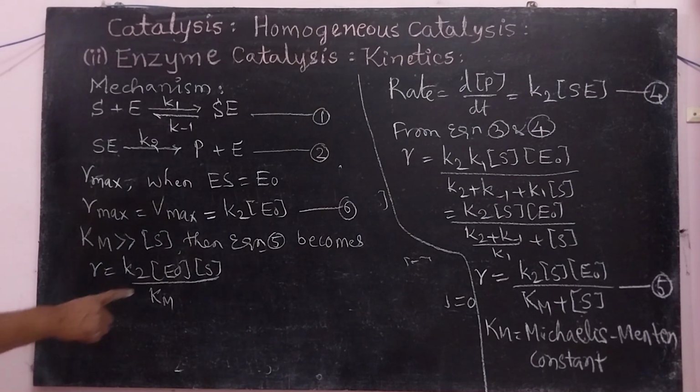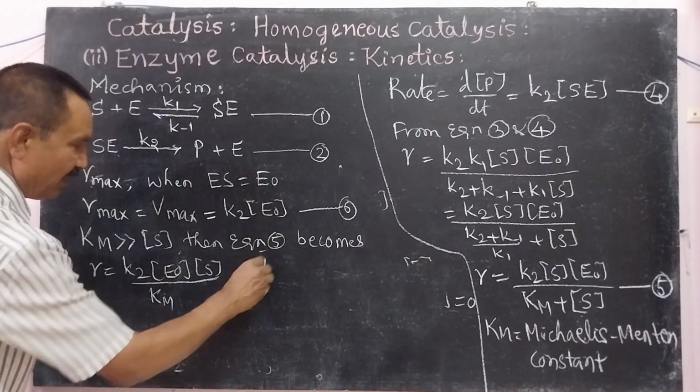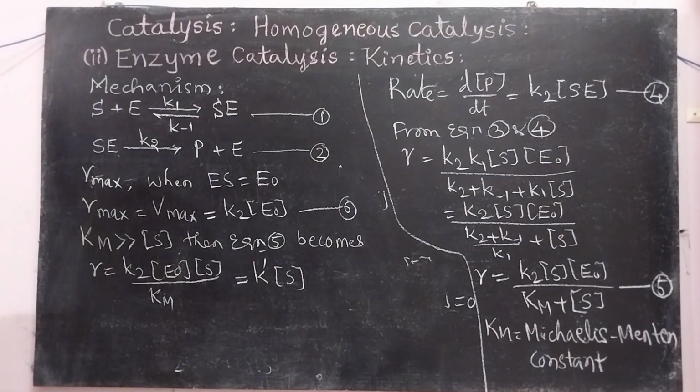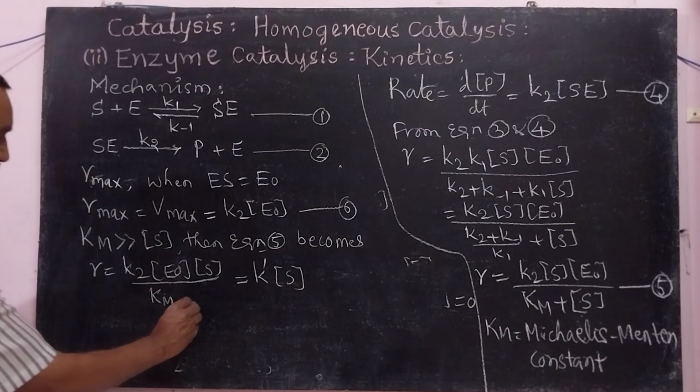E naught is the concentration of enzyme taken initially. This is constant, Km is constant and K2 is constant. Thus we may write this equation as some other constant into the concentration of substrate.